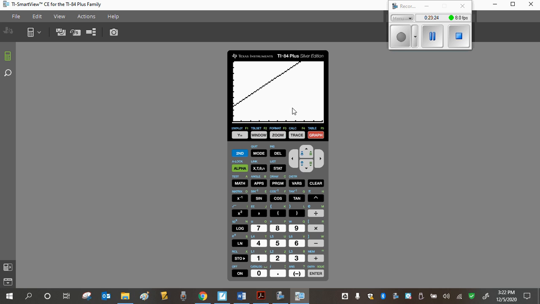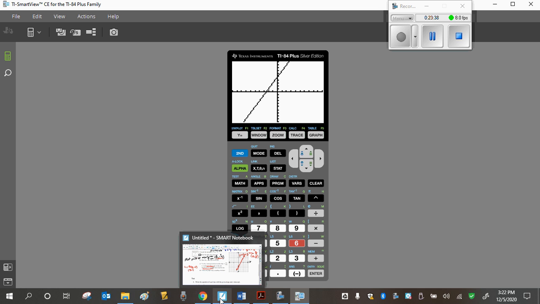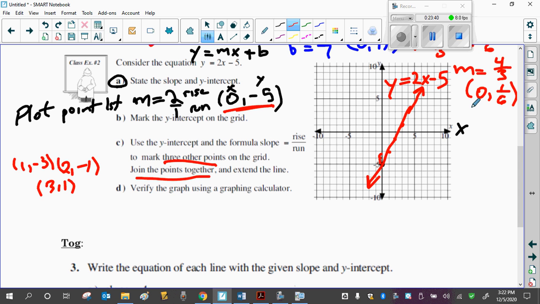I changed the windows, so that's not good. So I need to press zoom 6. Zoom is the top middle button. So zoom and then the number 6 will get me a nice graph. That should be like the one we have. So it would be up there. See -5.